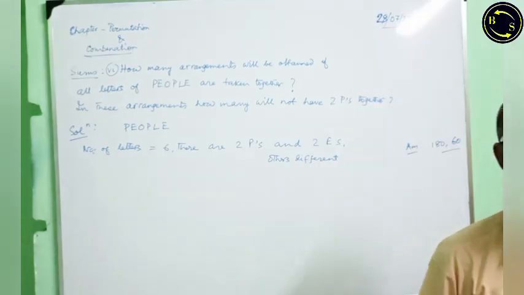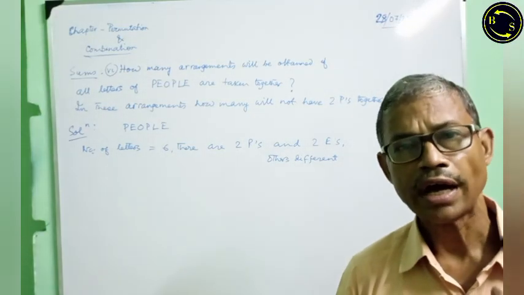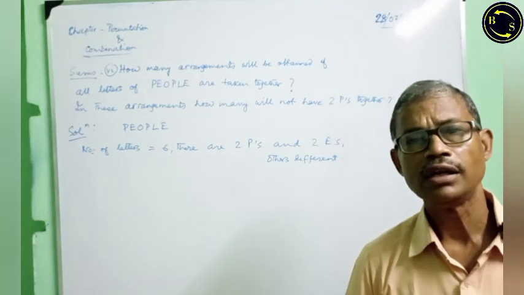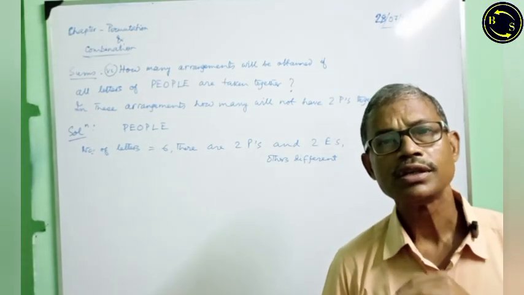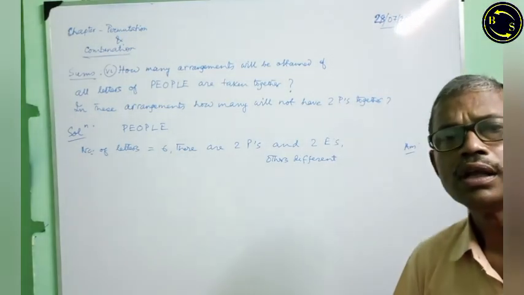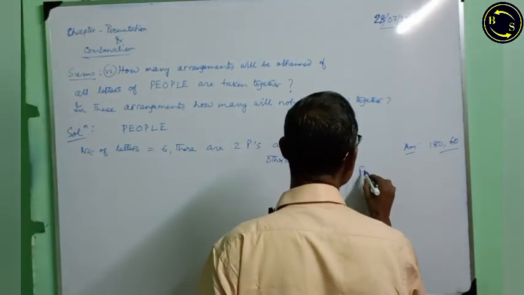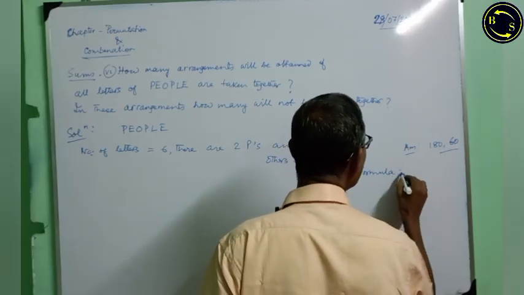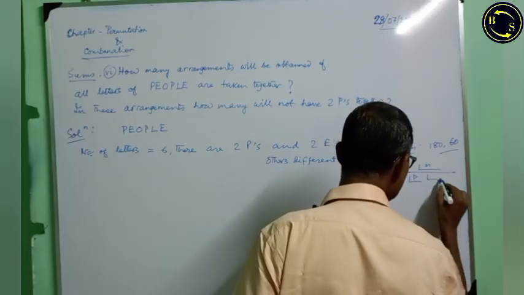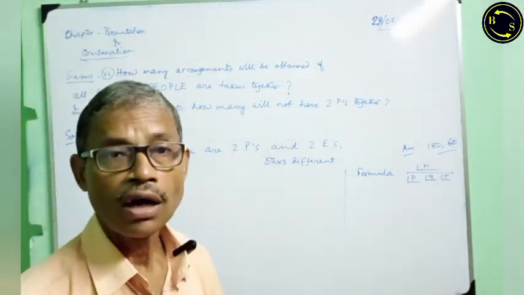If out of n things, p things are of one kind identical, q things are of another kind identical, and r things of a third kind which are also identical, then taking all n articles together, the number of permutations will be factorial n divided by factorial p into factorial q into factorial r. I have discussed that in the earlier episode.